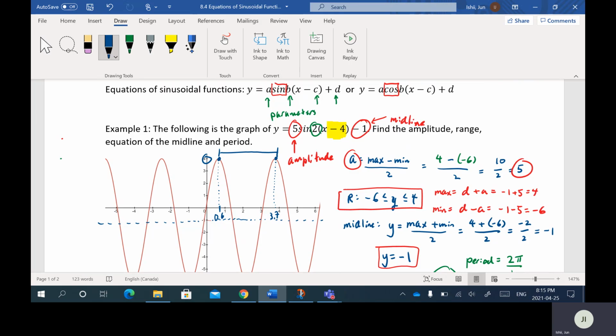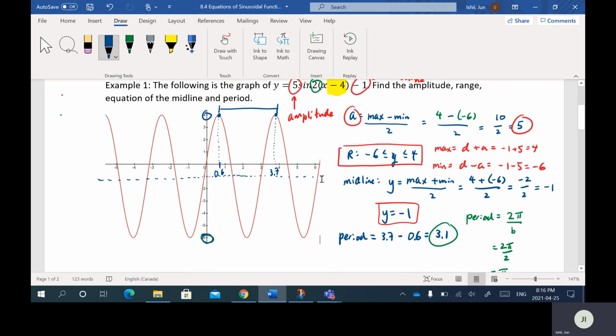That last parameter, the C parameter, shows up in the pre-calc 12 course, but not in the foundations of math 12. So you can just basically ignore that number. It does affect the graph, but it's not part of the course content of this course.